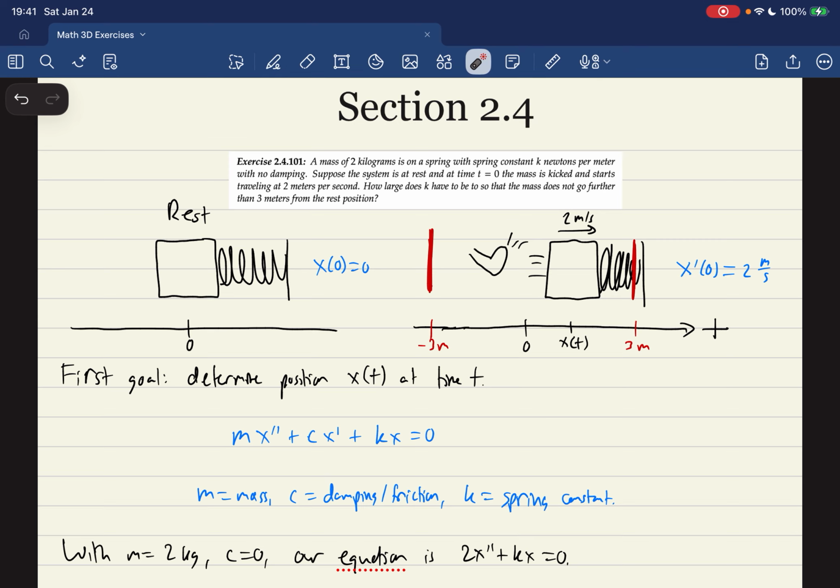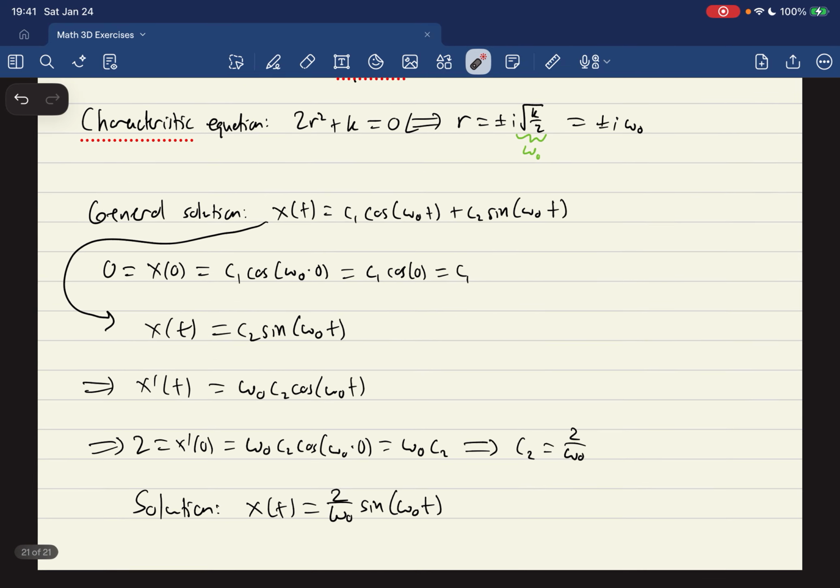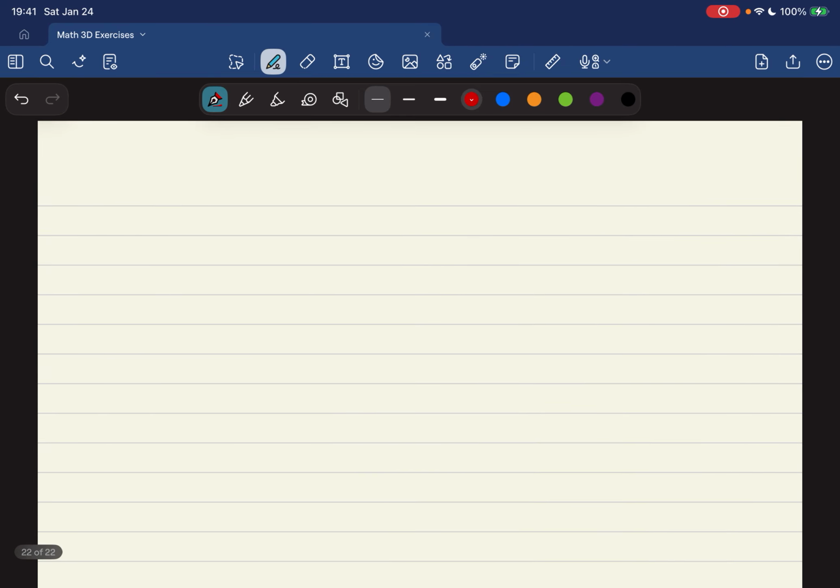But what this means is that our solution x of t has to be between 3 and negative 3 for all times t. And so, going to a new page, in symbols, what this says is we need x of t to be between negative 3 and 3 for all times t.